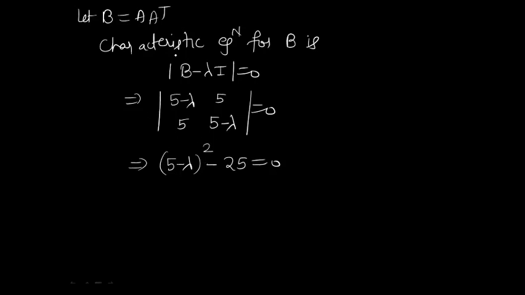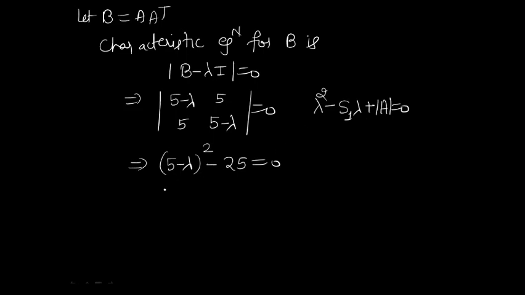You can either simplify this directly or you can use the formula. What will be the formula to be used here? We can use lambda square minus S1 lambda plus determinant of A equal to 0 as a shortcut method. Or you can go with the usual evaluation process also. That is what I have done here.